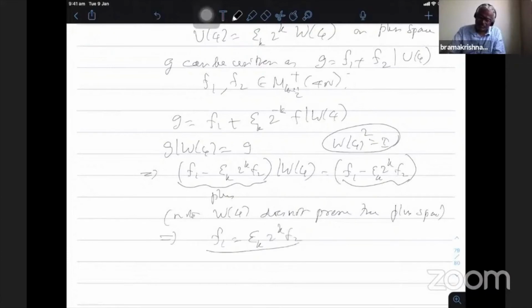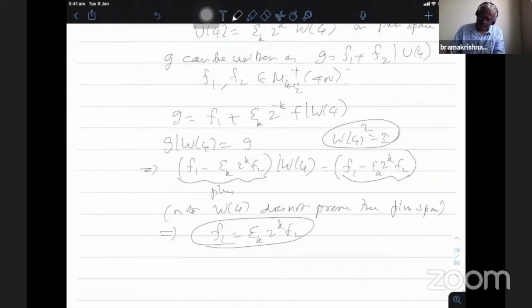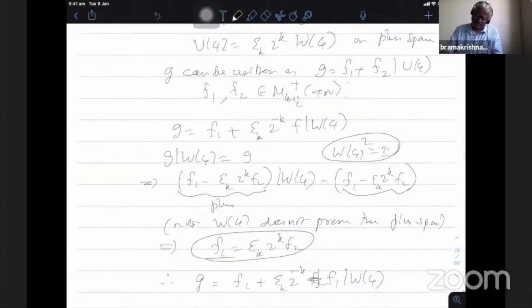So substituting this in, what we get is, therefore, your function G is nothing but F1 plus epsilon_k 2 power minus k F2. Sorry, F1 bar W4. Am I right or no? Something is wrong. What did I write?